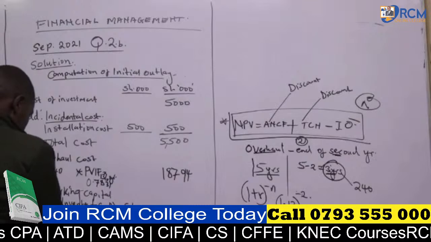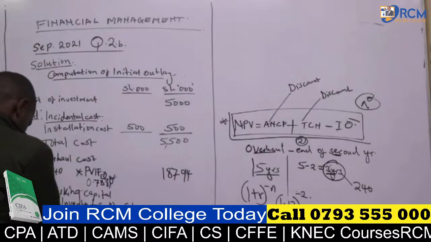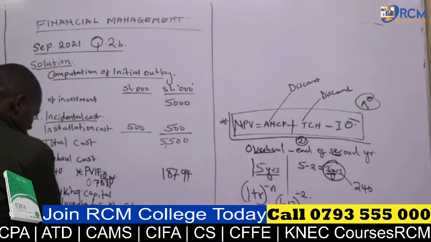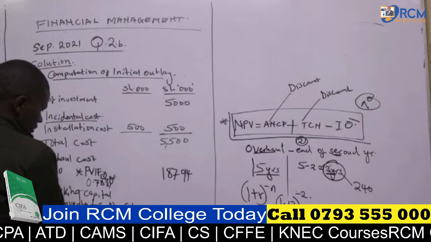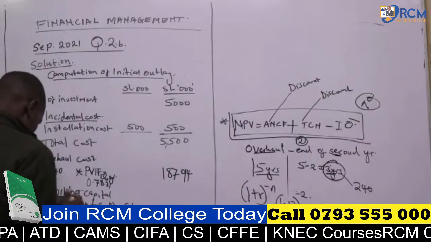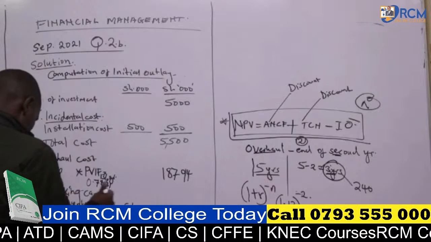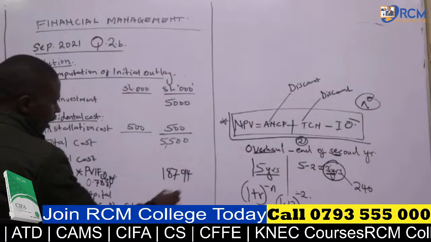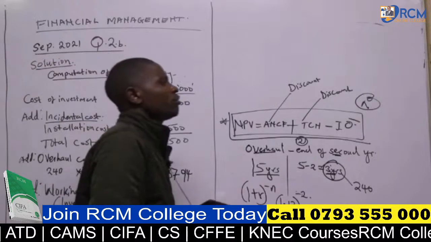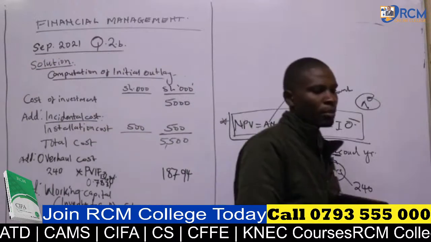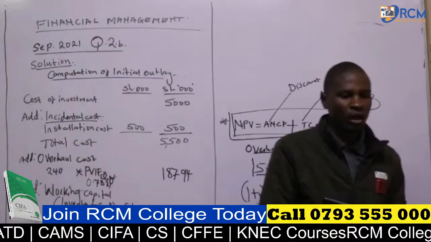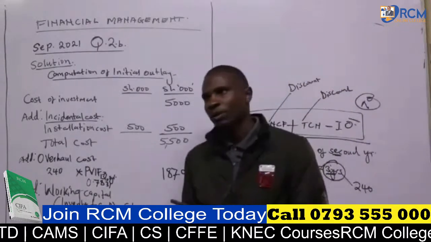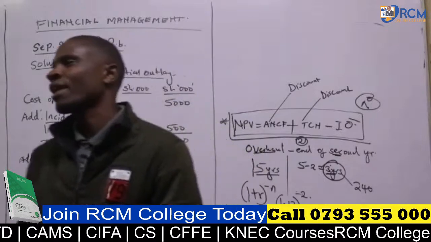So this is 1,200 plus 1,500. Then what will be our current liability? It will increase by 1,700, minus 1,700. Can you give me now the working capital?